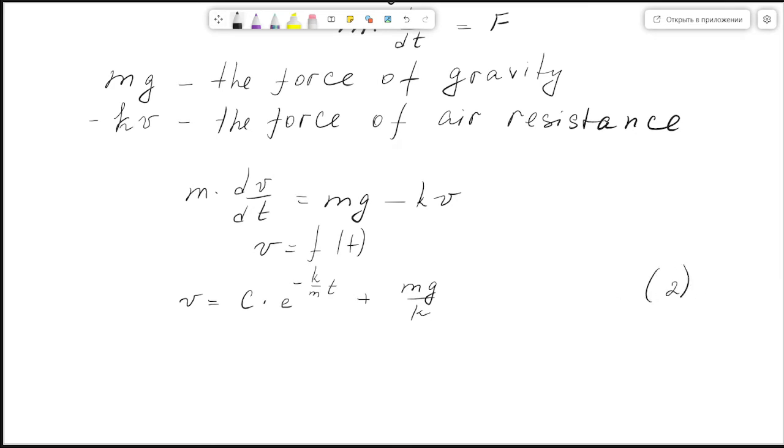Let us denote this equation 2, and the earlier equation 1.